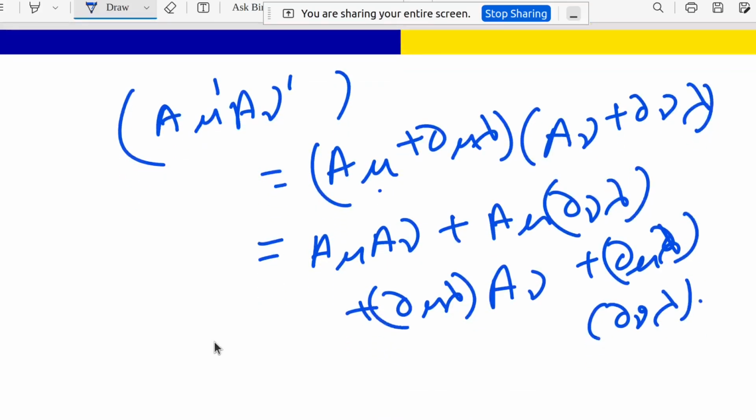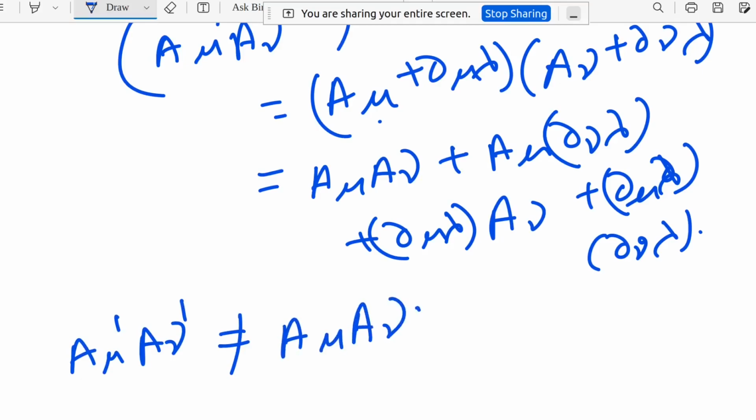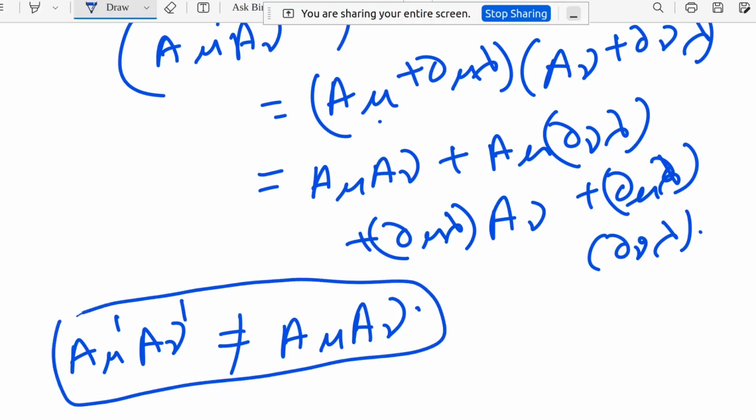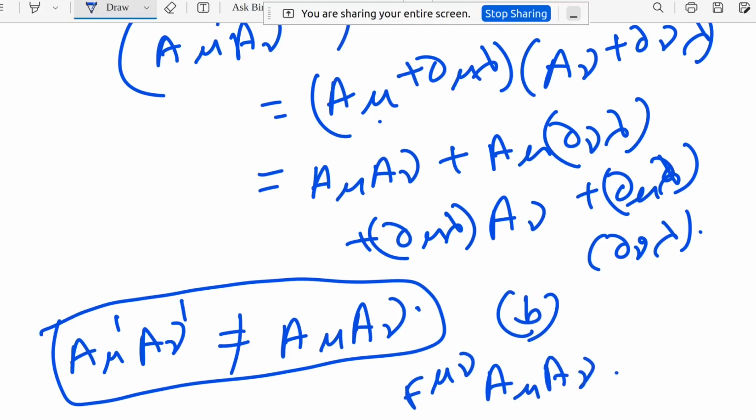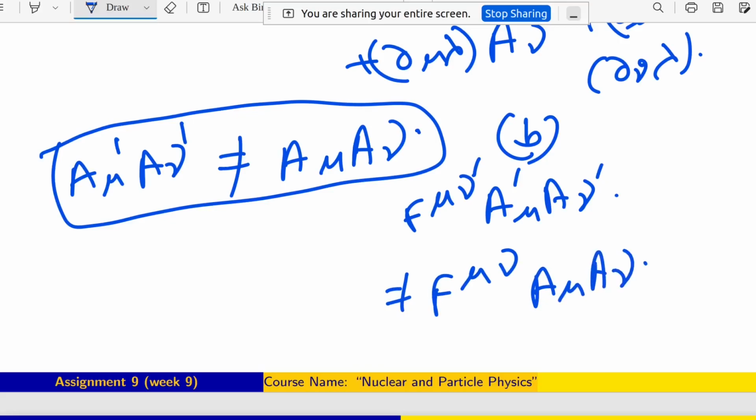So I am just talking about these things, that A_μ prime A_ν prime is not equal to A_μ A_ν, because there are so many terms which are not cancelled out. So that means whatever our B option was, F_μν A_μ A_ν, this will not be gauge invariant, because this one is not equal to F_μν A_μ A_ν.